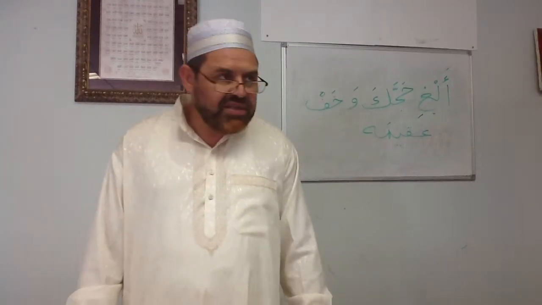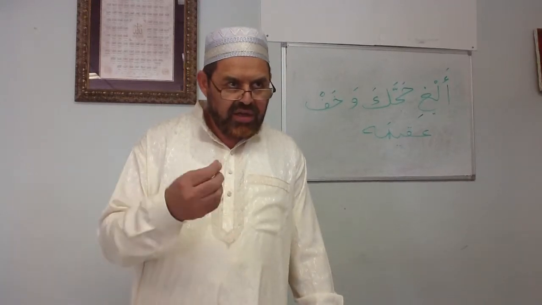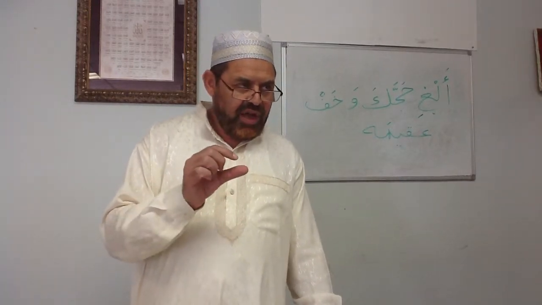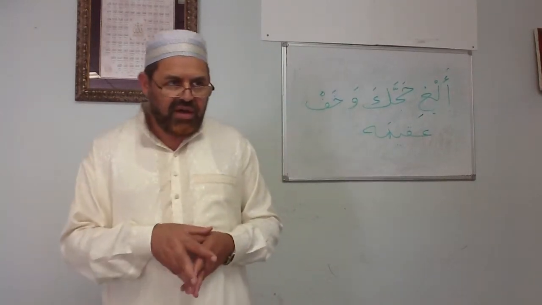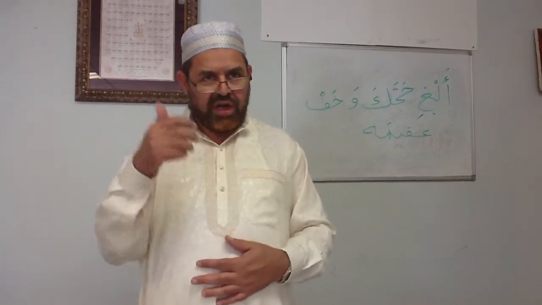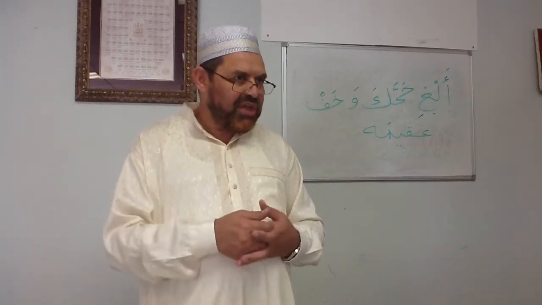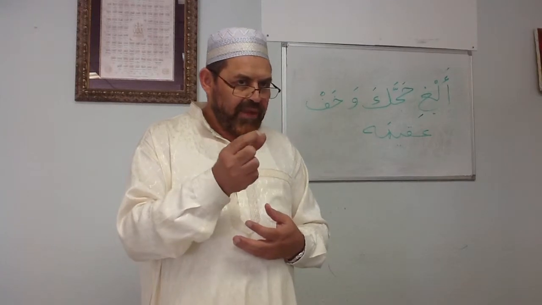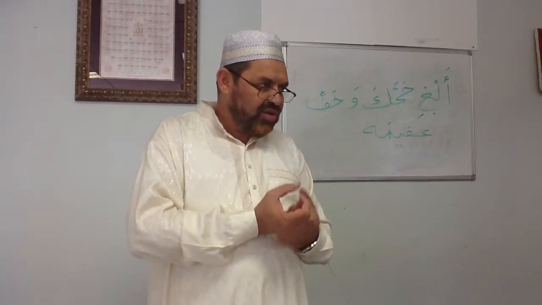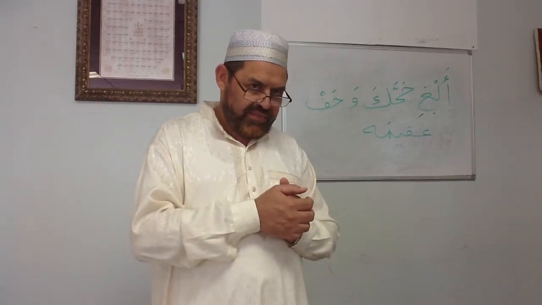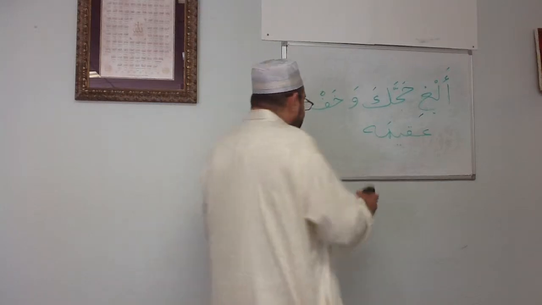Okay, last discussion about the same al, how to pronounce it when you have a word before alif lam. If you have any preposition before the noun that carries al, how do you pronounce that al? For example, you say al bayt.